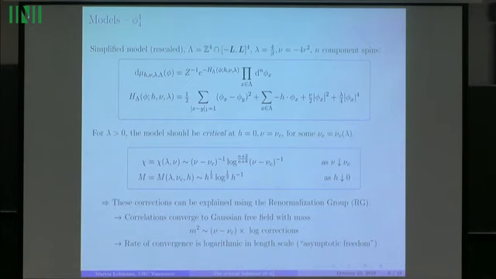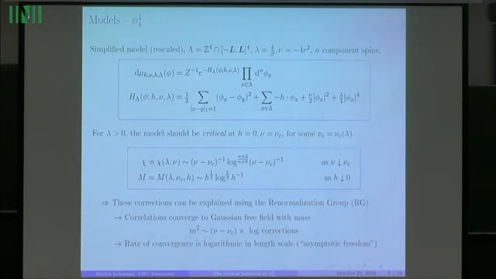And what the renormalization group claims is that the correlations of this model actually look like the correlations in a Gaussian free field theory, with a mass that depends on the distance to the critical point, but not just linearly like here, but there's log corrections in this mass dependence, and that's where these logarithms are coming from. And the fact that your correlations decay to Gaussian ones is something that you call asymptotic freedom.